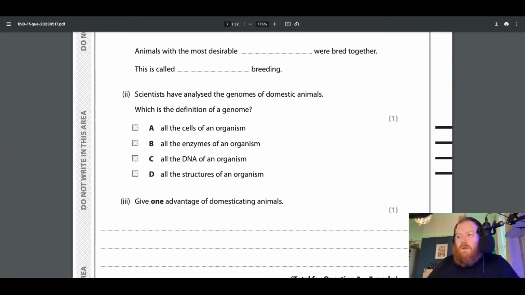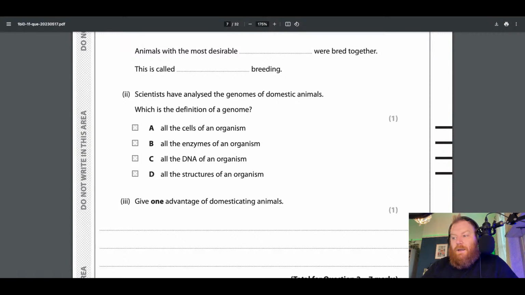And for those of you that might have heard of it, there is something called the Genome Project. And with the Genome Project, this would help you understand the answer.